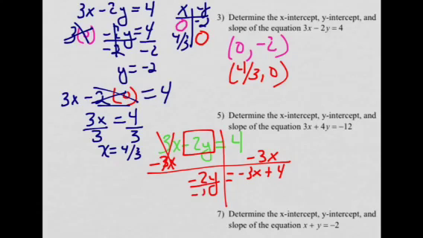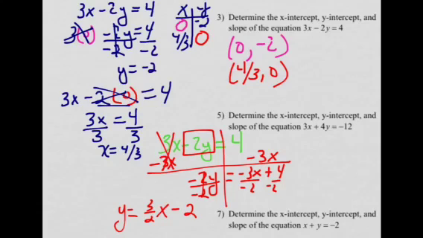Well, if we divide everything by negative 2, we're left with y equals a negative divided by negative is a positive. So now we have a positive 3/2 x, and then you have a positive divided by a negative, which means we get minus 2.